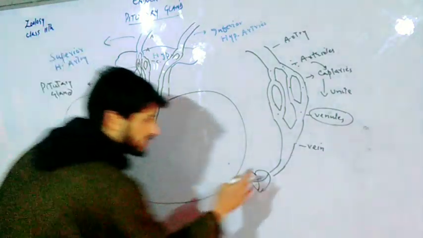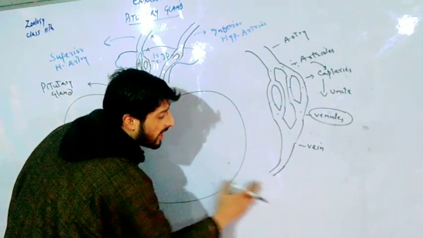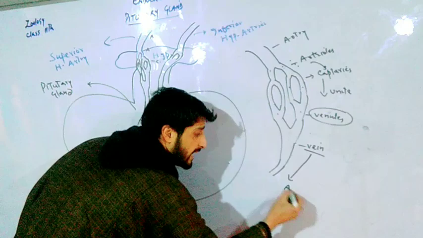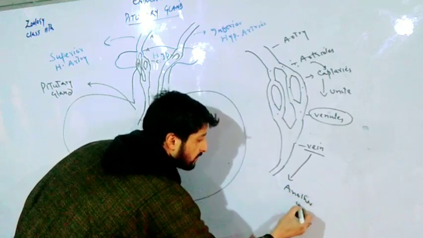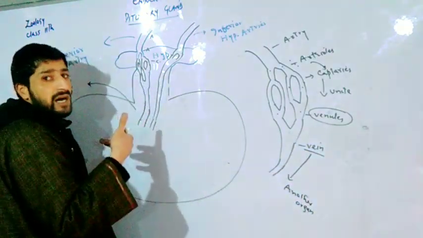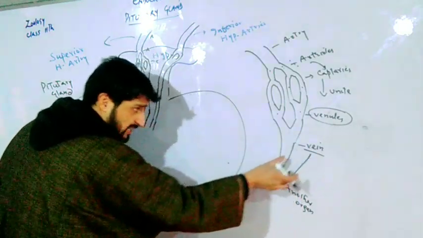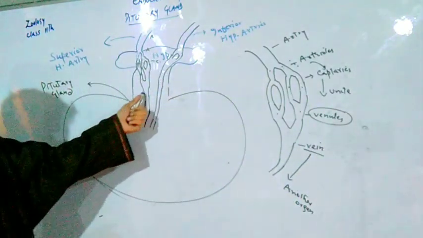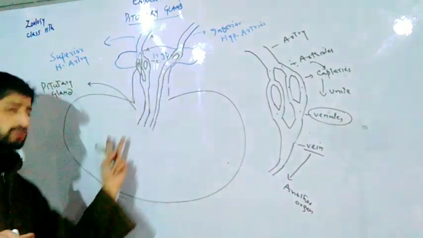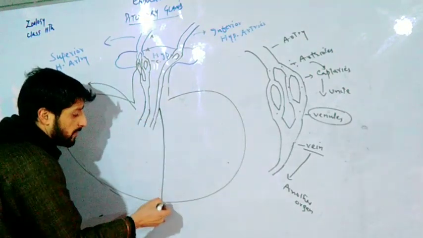But if this vein does not take this blood back to the heart in a normal fashion, and instead enters into another organ, it takes its blood to a different organ. Here, this vein takes blood from the hypothalamus to the pituitary gland, especially to the anterior lobe of the pituitary gland.